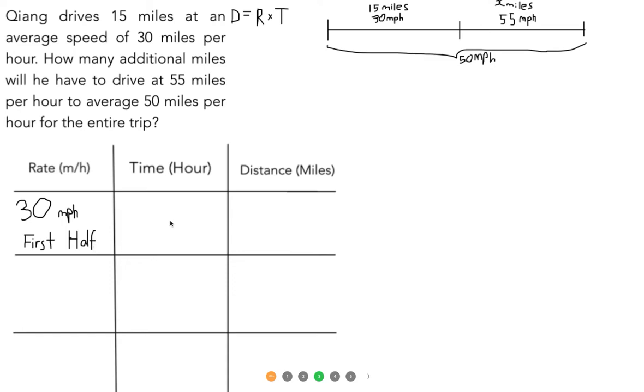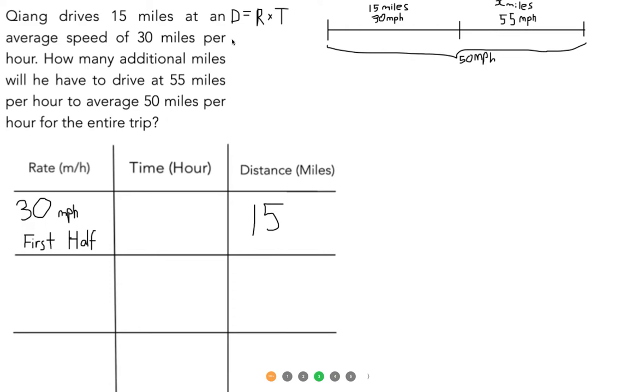And the distance he traveled for the first half of his trip was 15 miles, so we can write 15 in the distance column. And then to figure out the number of hours of time that he took to travel, we can use the distance equals rate times time formula.